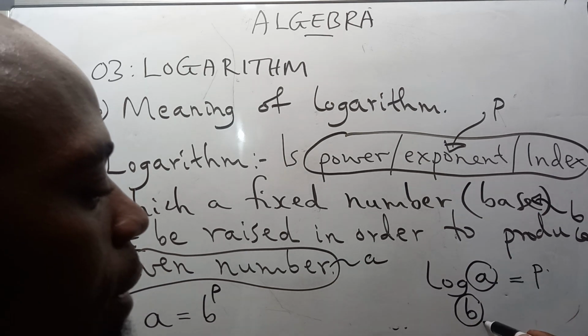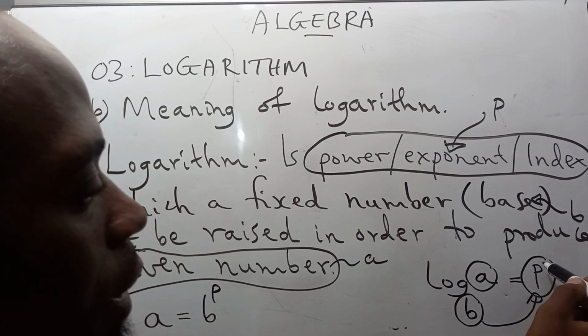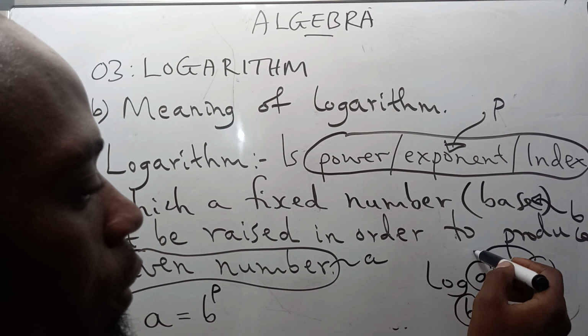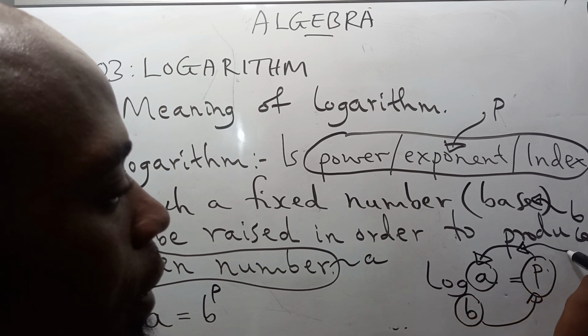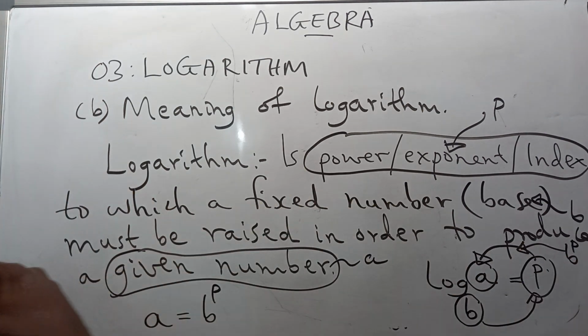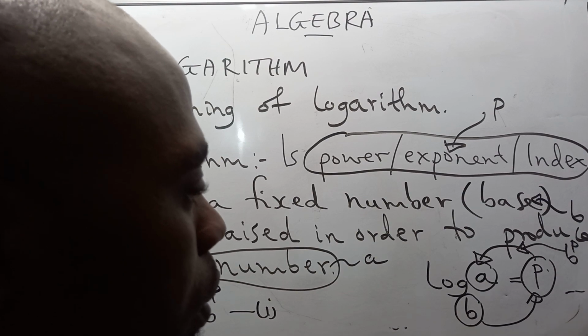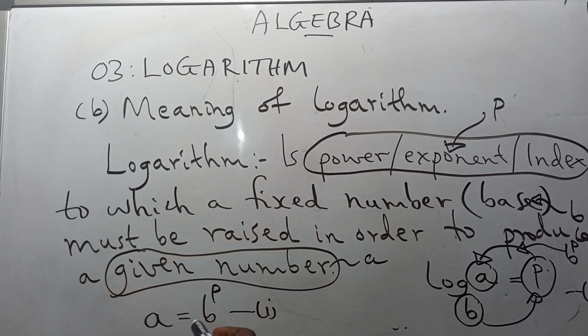So, when base is raised to the power P, then we produce a given number A. This part means base raised to the power of P. From these two equation 1 and equation 2, you can see there is a special relationship.